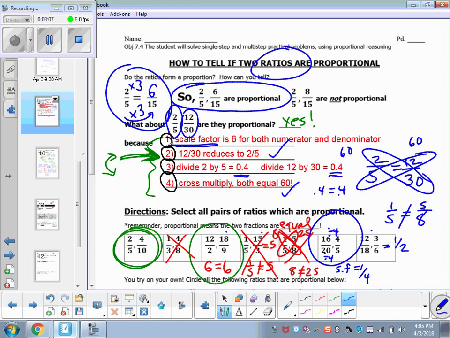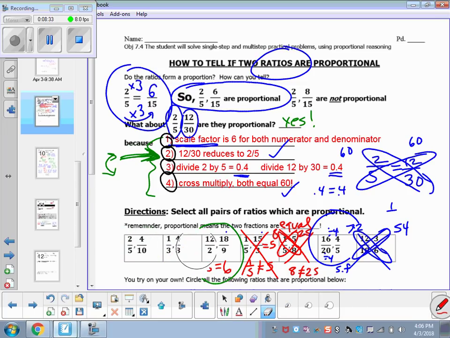Is 12 half of 18? No. So no, we're not going to pick this one. Now again, in case that's not good enough, you can cross multiply. That's 54. And 12 times 6 is 72. So since they're not the same, no, we would not pick this.